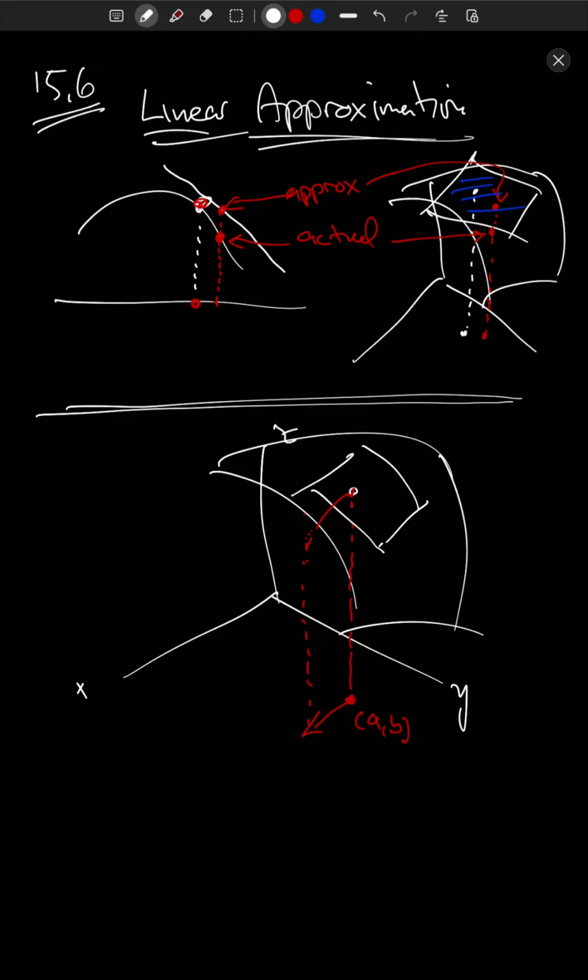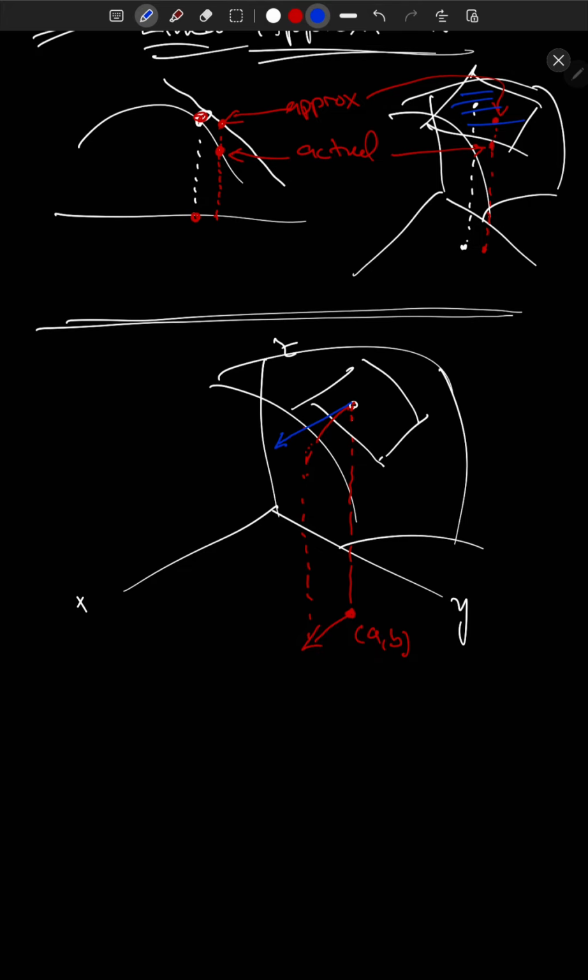You can do the composition with f, which is your main two variable function here, and that gives you a vector valued function, which allows you to calculate a tangent direction. All right.